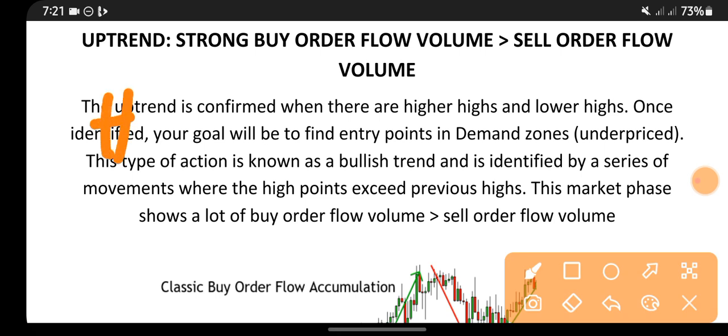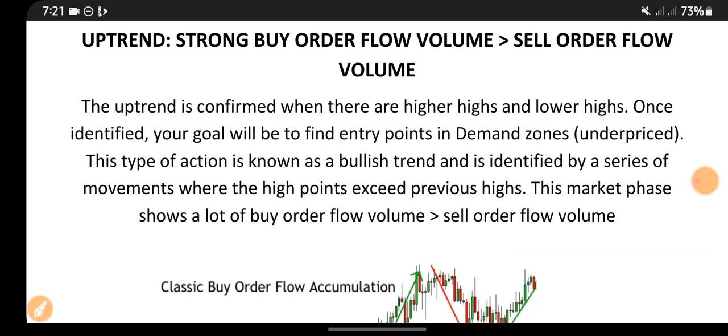When there are higher highs, that is HH, and then higher lows. So a series of higher highs and higher lows. Once you identify an uptrend, your goal as a trader is to find entry points in the demand zones.